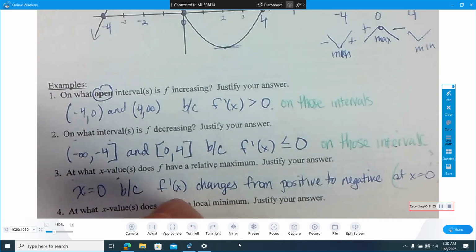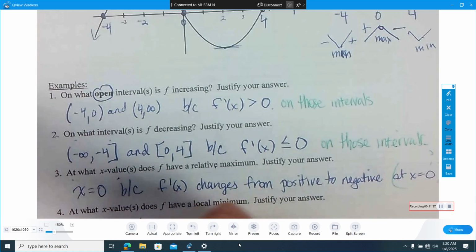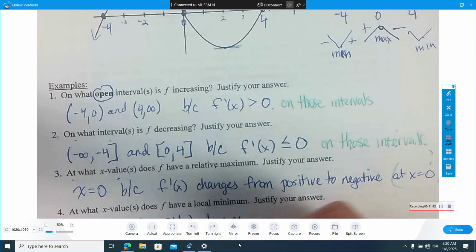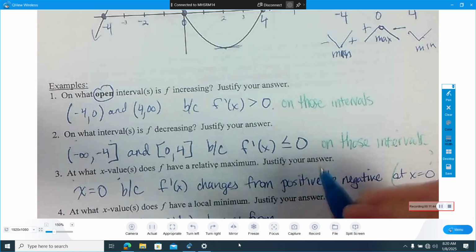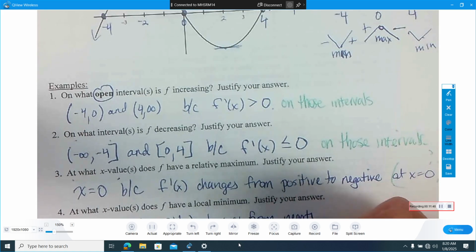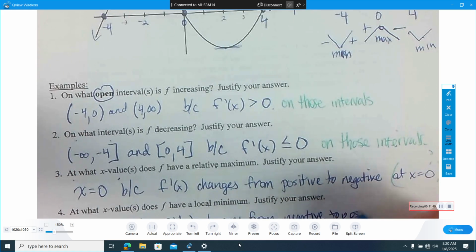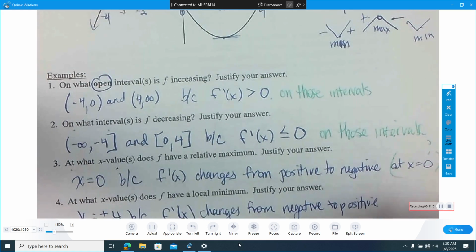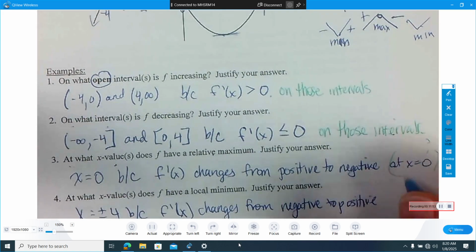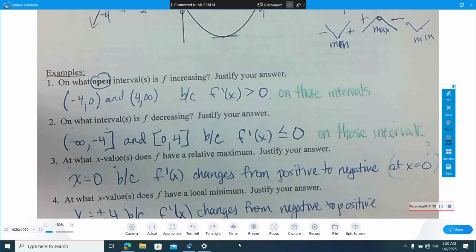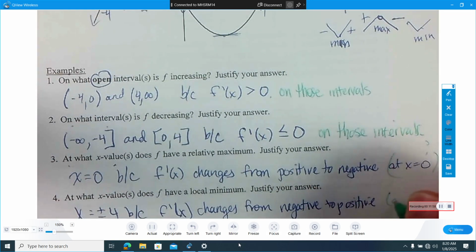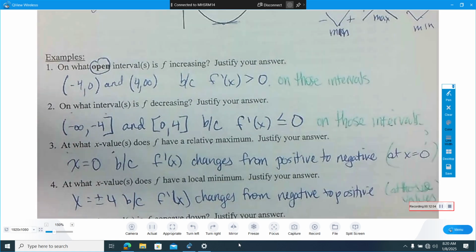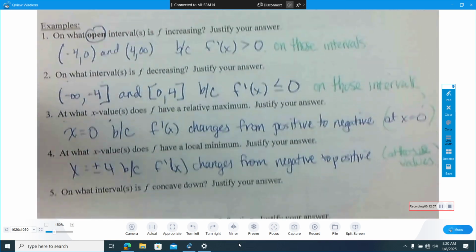So x equals plus or minus 4 because f prime of x changes from negative to positive at those values. Maybe you add that on, at those values. I don't know.